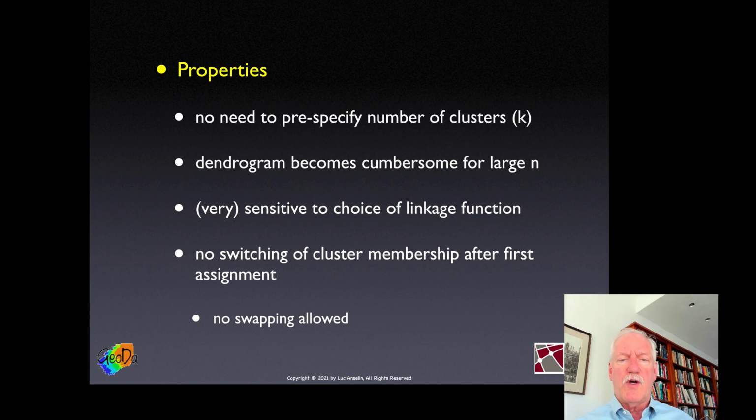With hierarchical clustering, it doesn't work that way. Once you're grouped, you're grouped for life, so to speak. You cannot be swapped out of one cluster and into another. So that's a drawback of this method, but it's an important property to keep in mind.